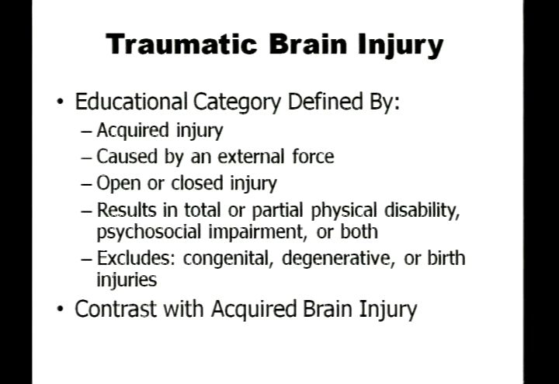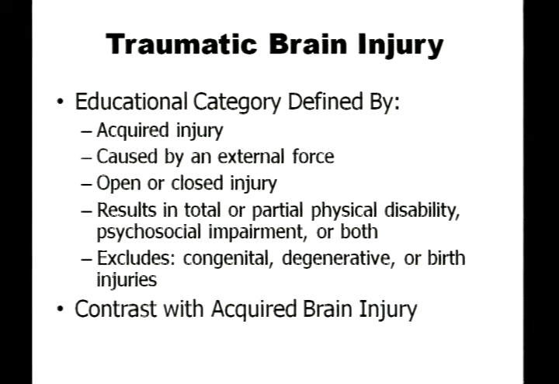So kids who were born with some malformation in their brain, kids who have cerebral palsy, who had anoxia at birth, kids who had a stroke in utero, kids exposed to alcohol or drugs in utero. So there are lots of kids who we know have insults to their brain that are not included in this definition.